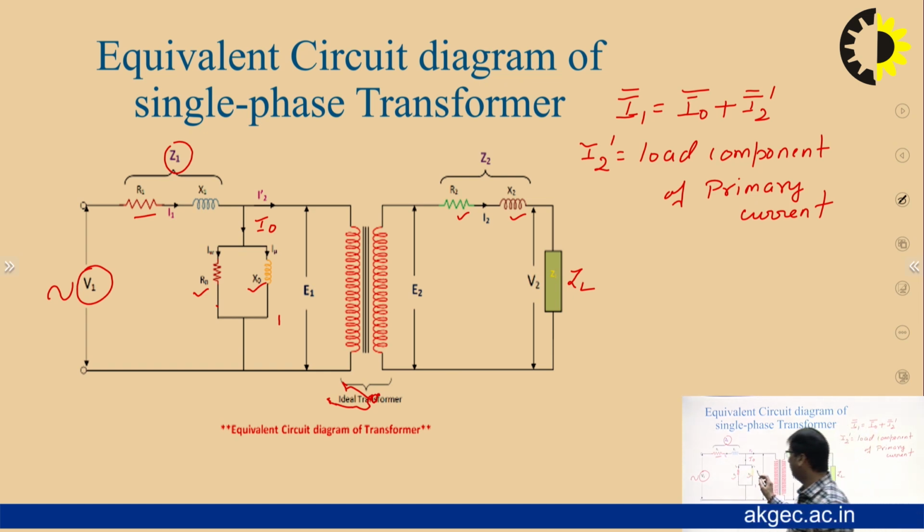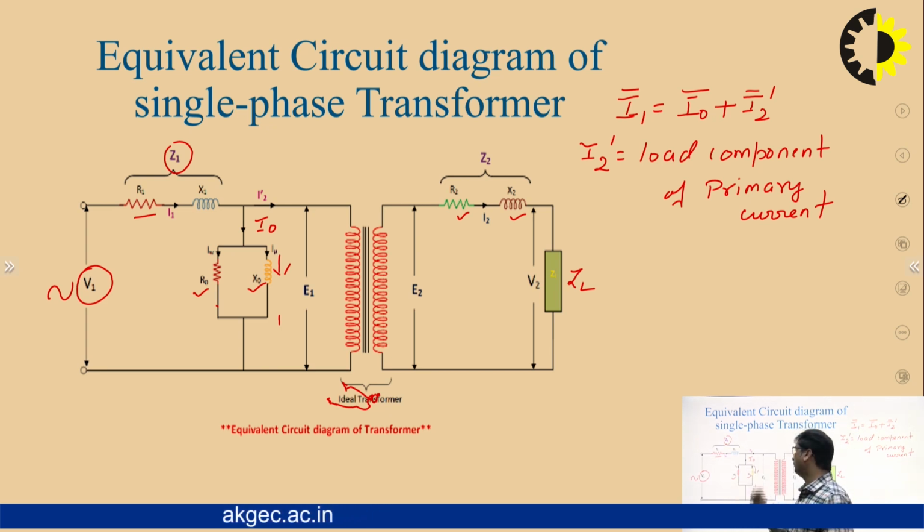The magnetizing component I mu is a magnetizing current which is used to magnetize the core, for the production of the flux in the core. Whereas the working component or core loss component is for the core loss in the transformer.